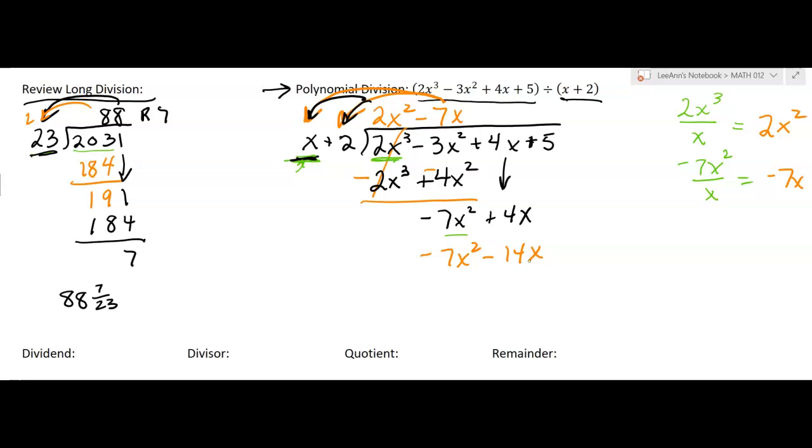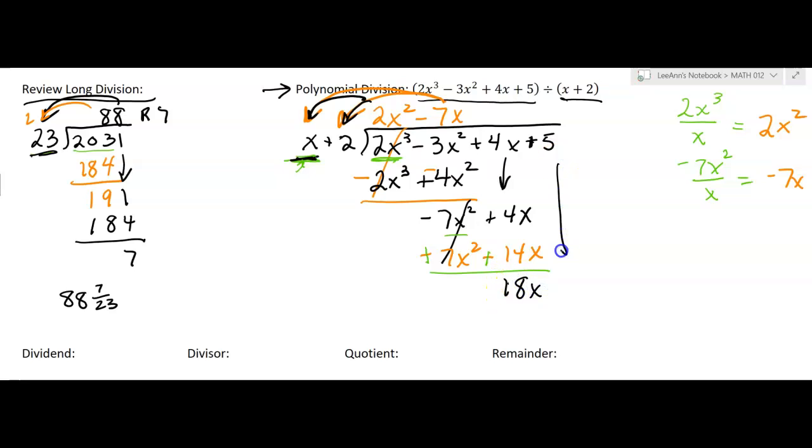I've got the same color going here, but I'll put it in green. So change that to plus, and that's the subtracting. So you're adding the opposite. That's the subtracting. Okay. These cancel out, negative 7x squared and positive 7x squared. And then what's 4x and 14x? 18x.